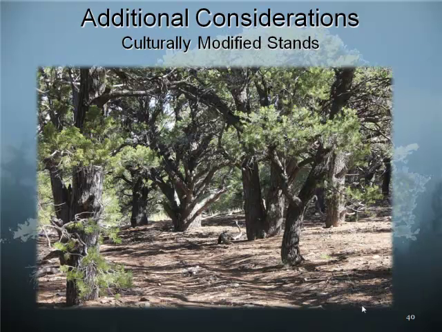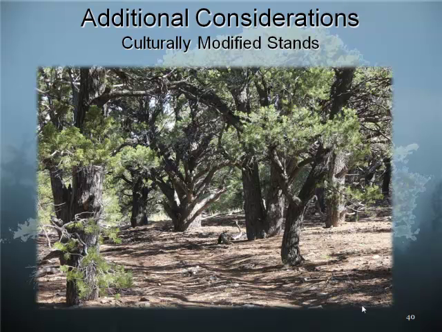Culturally modified stands. When you see a stand of pinyon and juniper that you don't have to fight your way through and you don't have to duck a lot to walk through, that's a good indicator that something was going on in that stand at a prior time. This slide's a little deceptive because it is taken with a telephoto lens, so everything's kind of brought in.